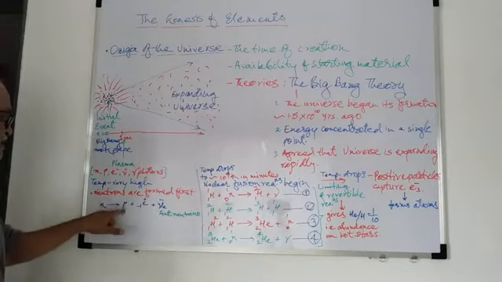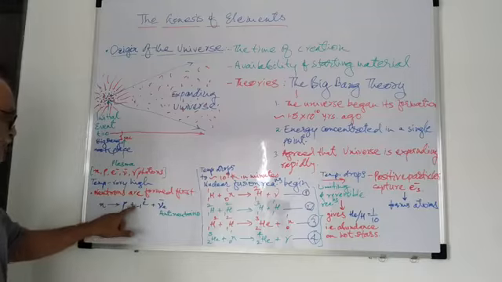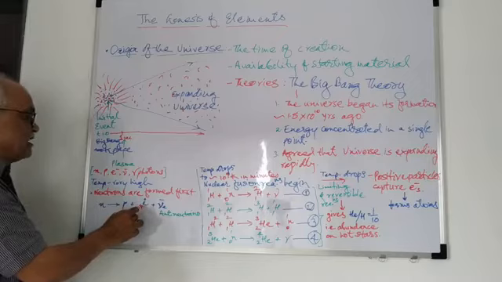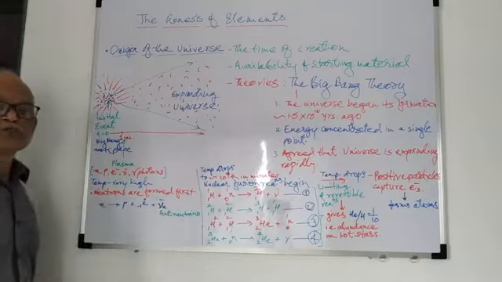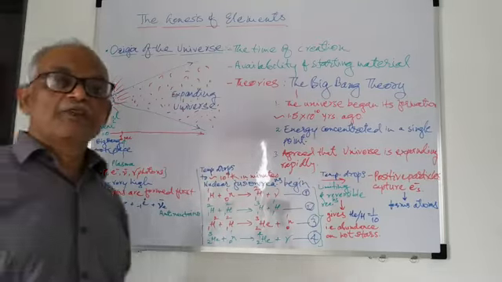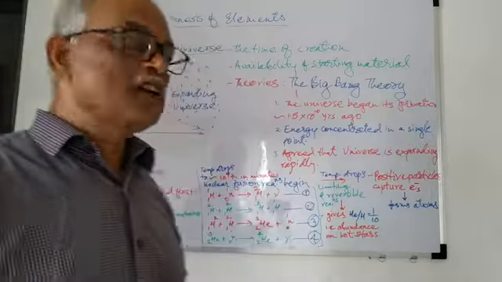So a neutron decays or is converted into a proton, an electron, and a third particle called an antineutrino. This is the initial stage where these initial particles are formed.